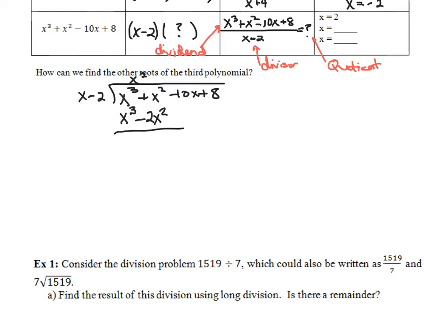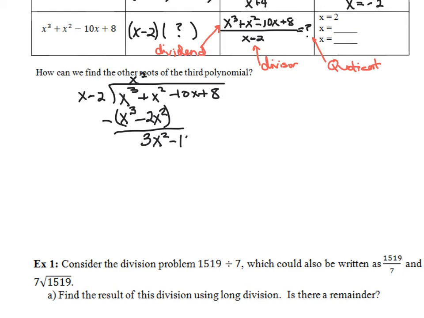Now just like with numbers, my next line I'm going to subtract. So be sure that you're doing a subtraction there. x cubed minus x cubed gives me 0. But I do have x squared minus a negative 2x squared, and that's giving me 3x squared.